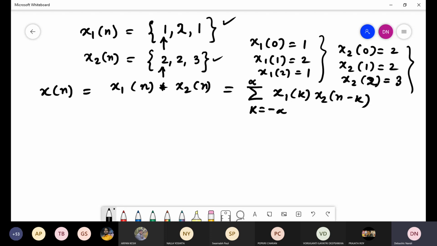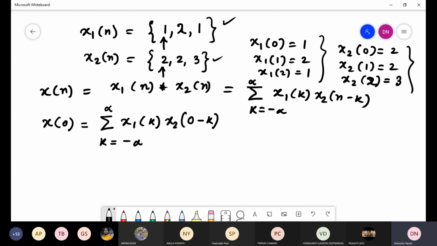So based on that, I can perform this convolution operation. Suppose you want to find x0. What is x0? x0 is equal to summation k equal to minus infinity to plus infinity of x1k x2 of 0 minus k, because in place of n you have to write 0.